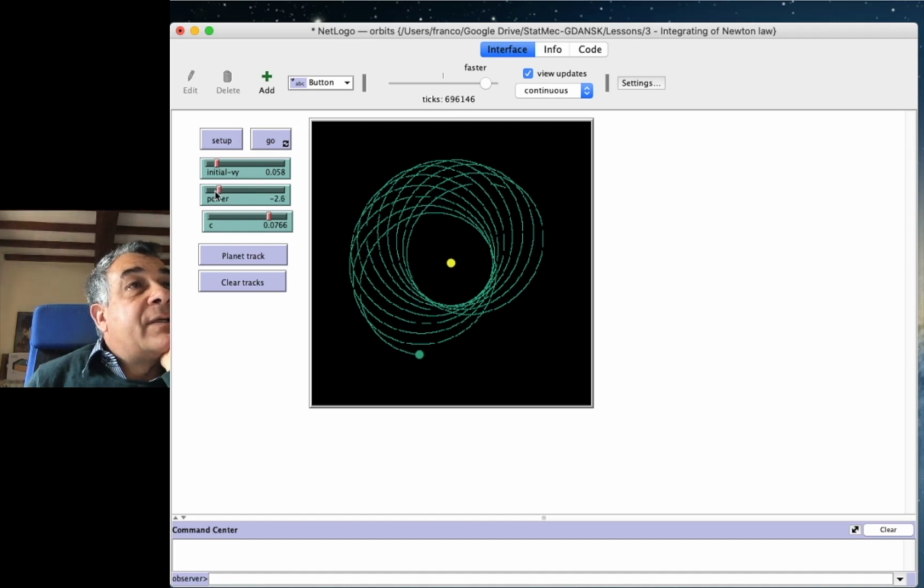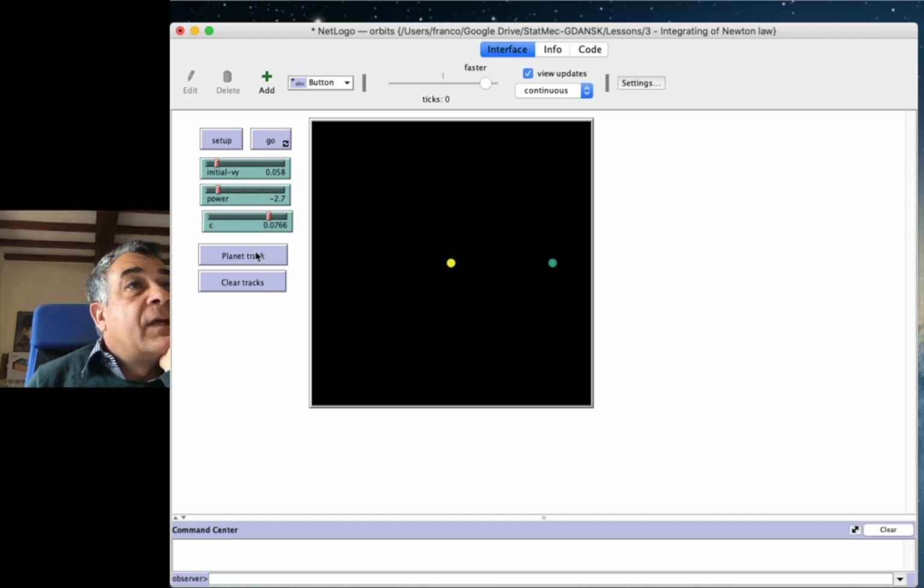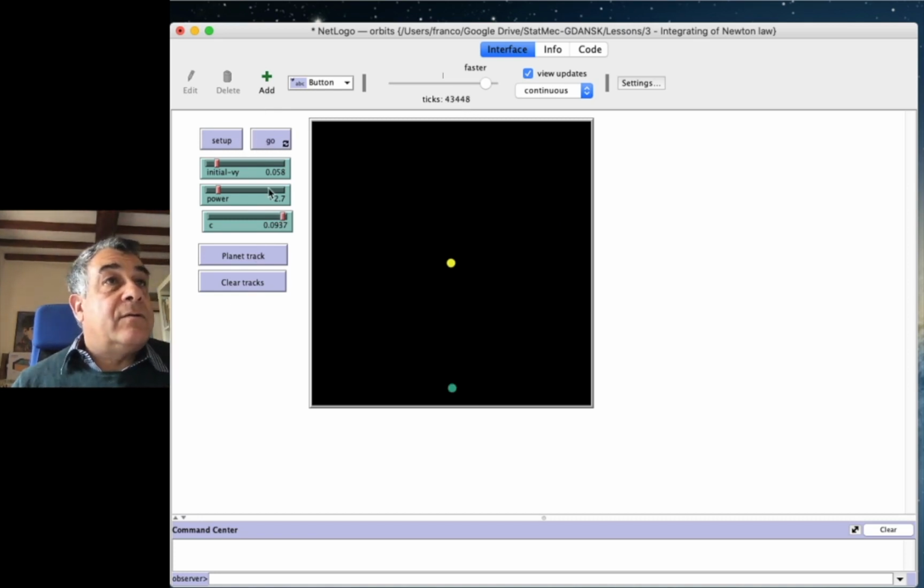Clearly, if we increase more the exponent, we can have also, let me see if I have to increase or lower this, maybe the initial velocity.